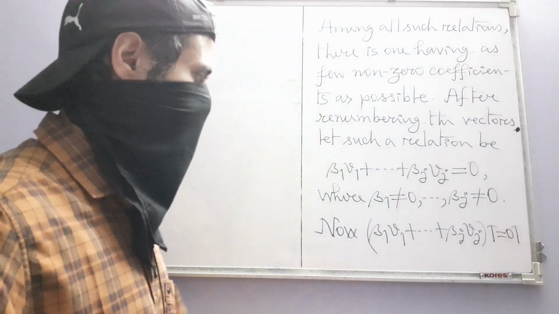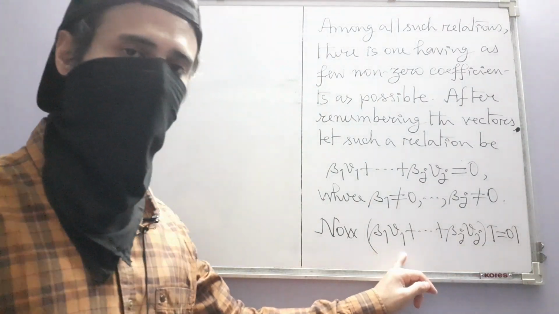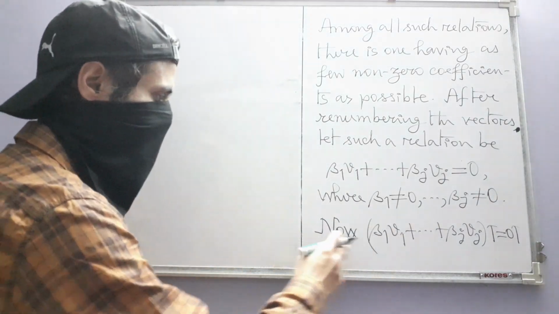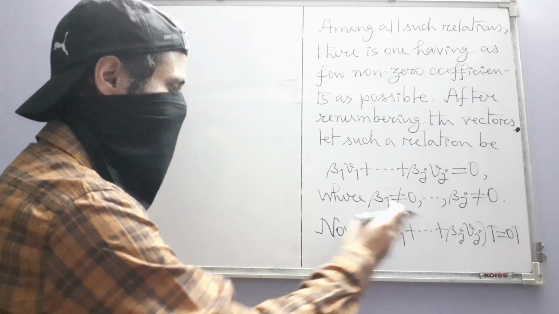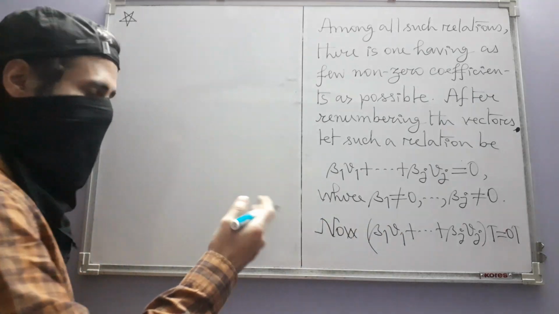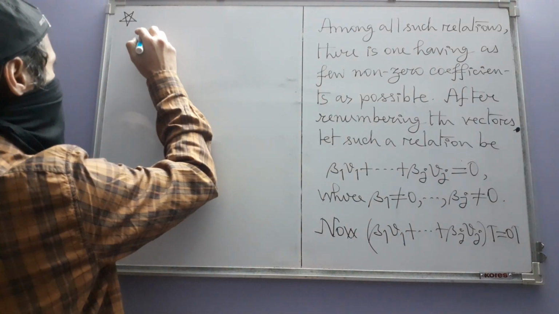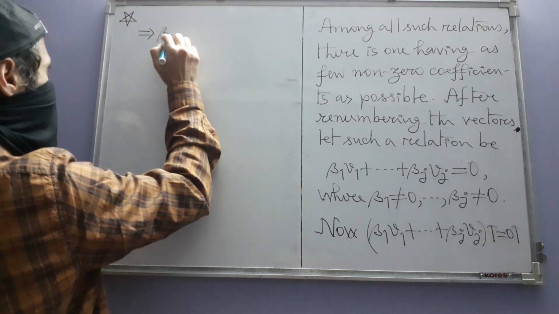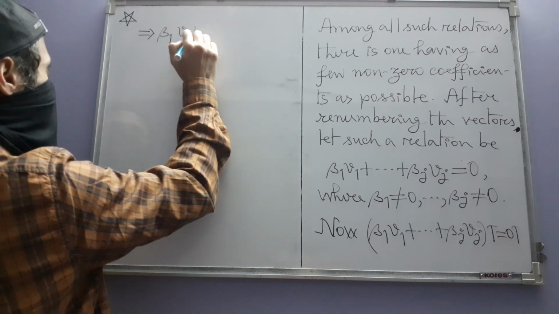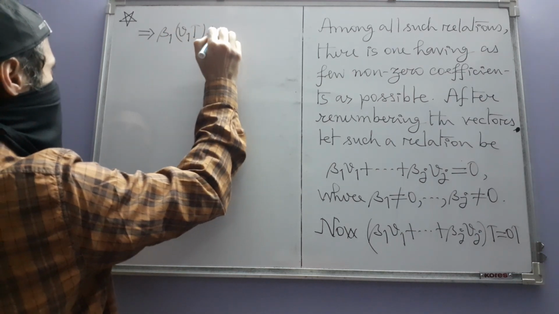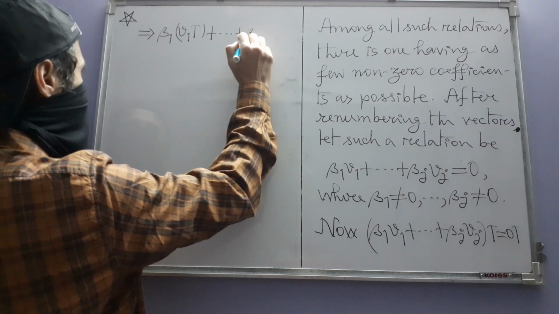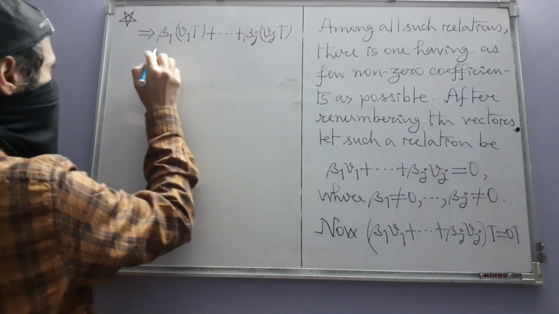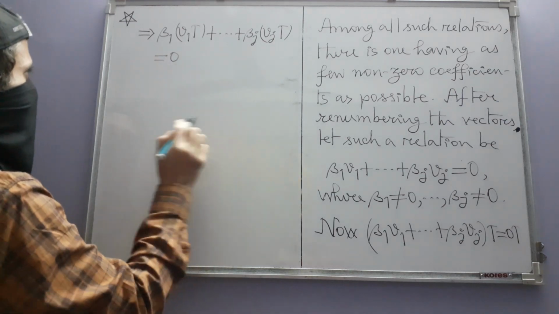Because t is a linear operator, t will get inside. I mean, ultimately you are going to apply t on each vi. The betas will stay outside, and we are going to get something like this: beta 1 v1 t plus beta 2 v2 t, and so on, beta j vj t, and 0 t of course is equal to 0.